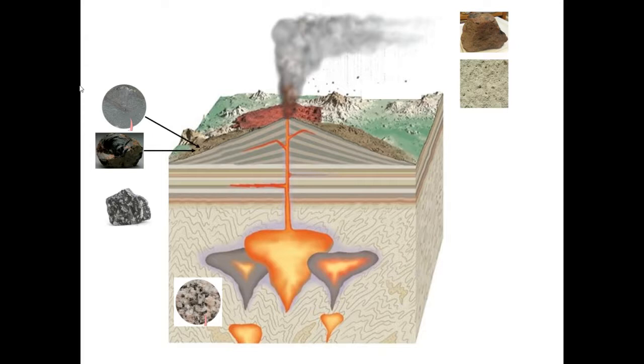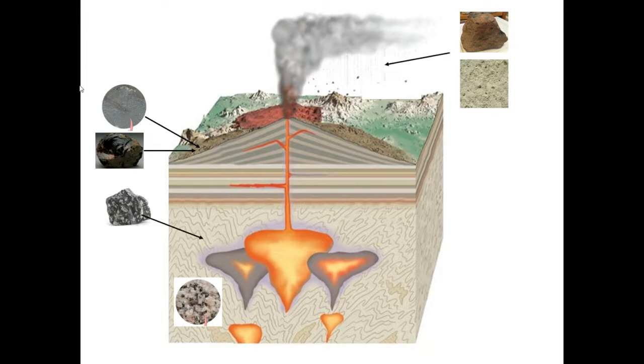Obsidian indicates a very, very intense situation where magma either encounters water or a very, very cold, quenching type of medium, like really, really cold air.